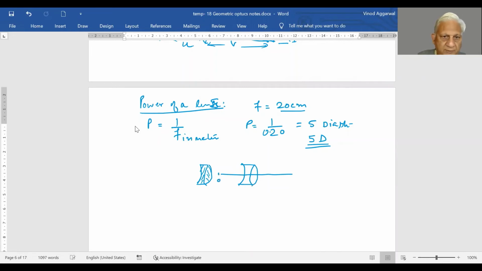We put our object here. An incidence ray goes like this. It would have emerged like this, but because of refraction, it goes like this, and we get our image here.